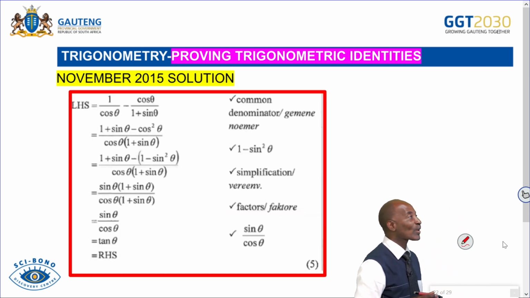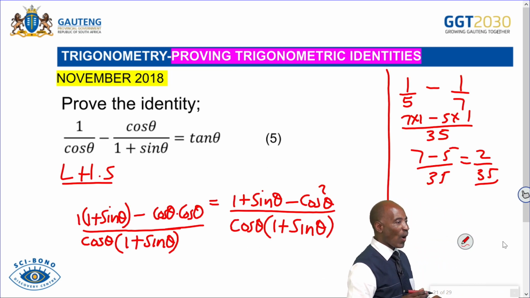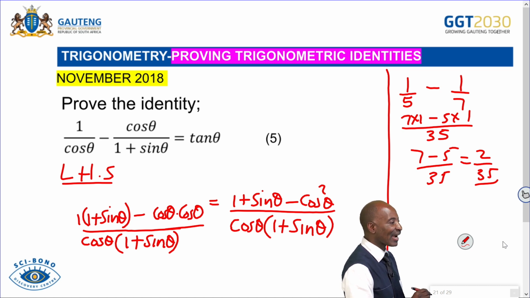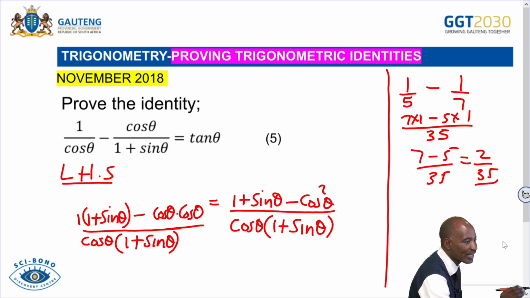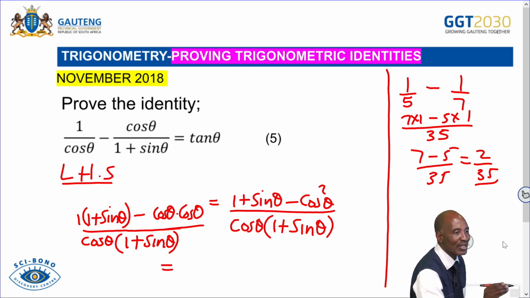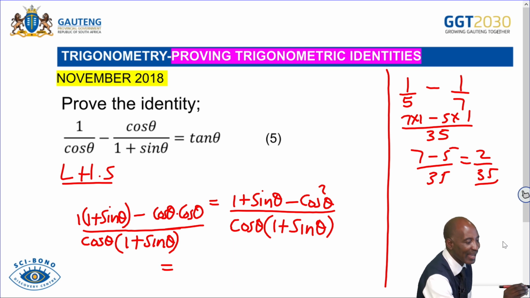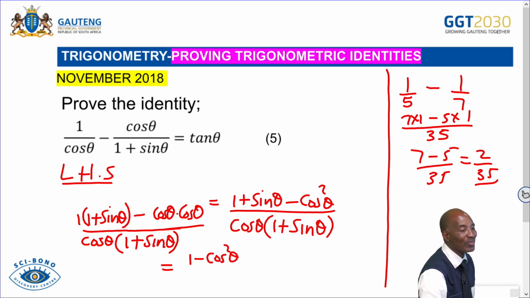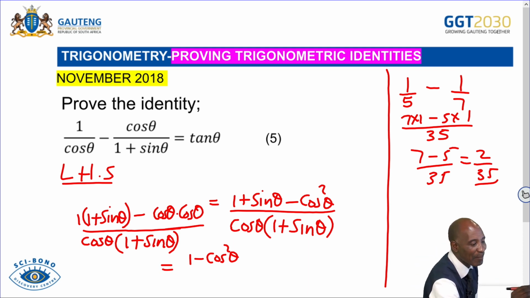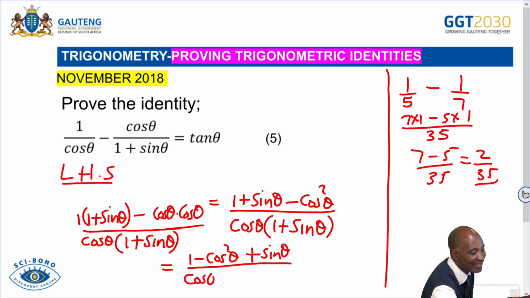I'm going to keep my denominator still as it is and then move on and say this is equal to, I'm going to group terms here, 1 minus cos squared theta to form a sine squared theta plus sine theta, divided by cos theta times 1 plus sine theta.